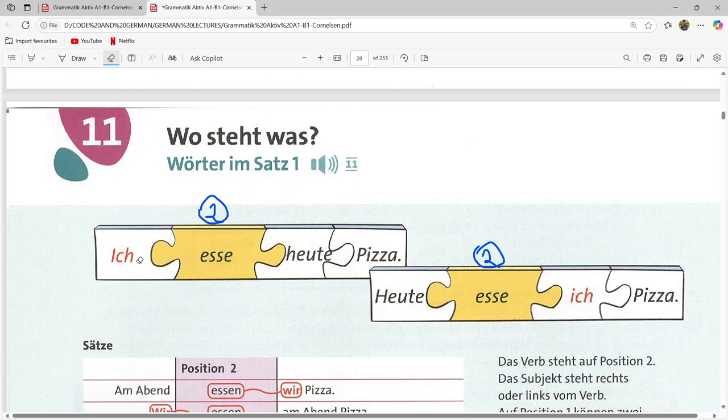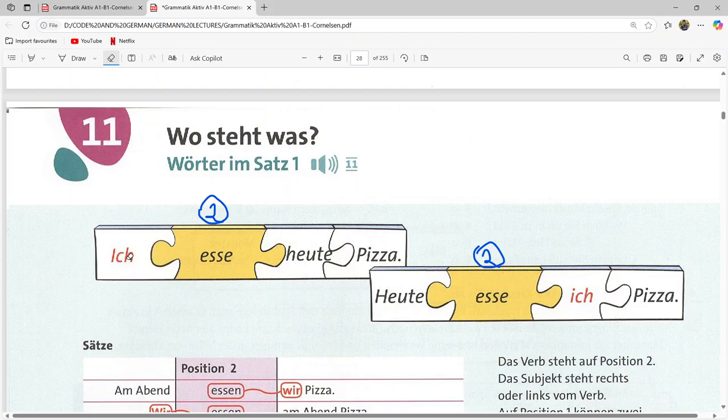This is one way to write the sentence, no problem. Another way to write this sentence is: Heute esse ich Pizza. Today I eat pizza. The first one is I eat pizza today, the second one is today I eat pizza. The meaning of both sentences is the same.